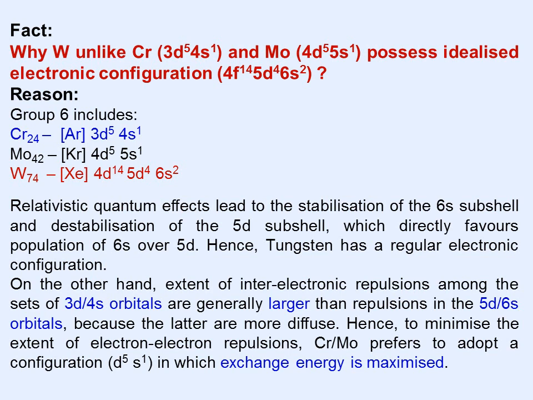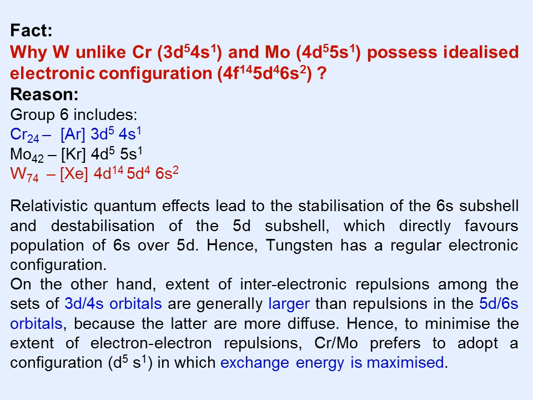On the other hand, in chromium and molybdenum, the extent of interelectronic repulsions among the sets of 3d and 4s is generally larger than the repulsions in 5d and 6s orbitals, because the 5d and 6s orbitals are thought to be more diffused.